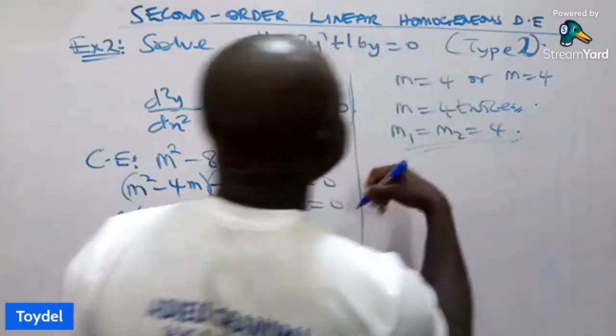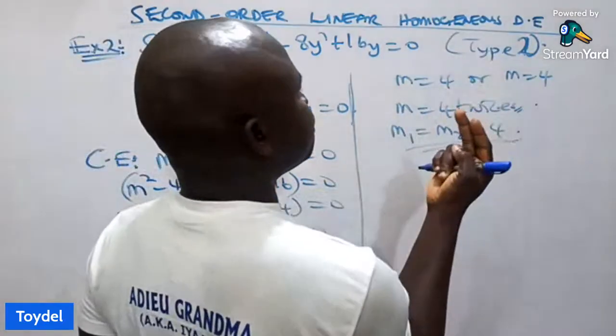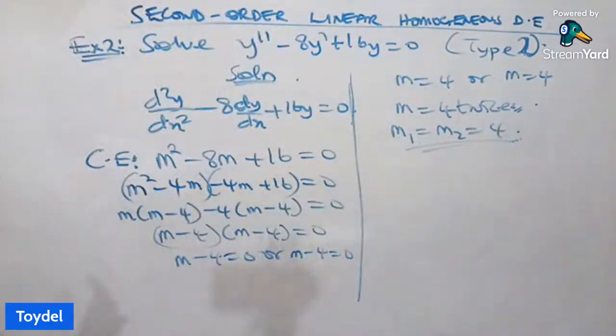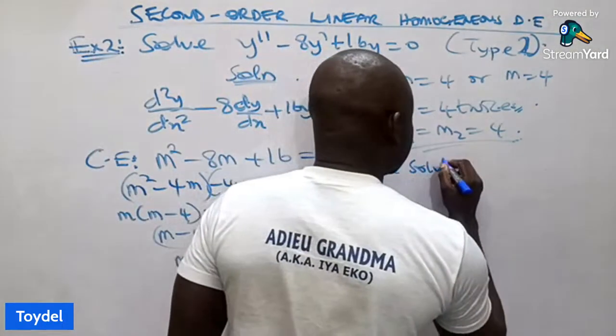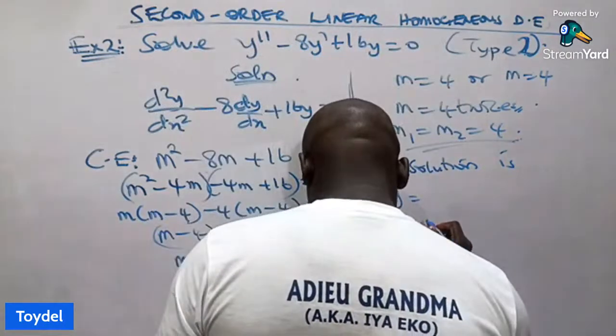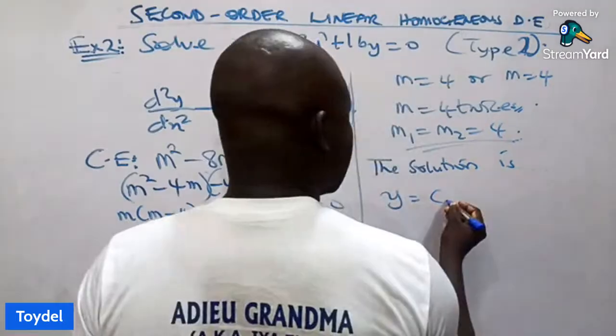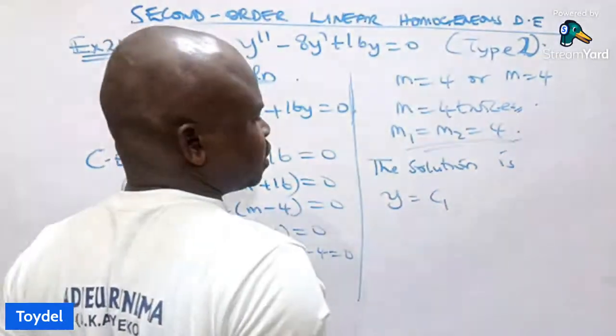So how do we write the solution under type 2 when we have m1 and m2, the two roots, to be equal? If we have the two roots to be equal, then the solution is y is equal to c1, where c1 is just an arbitrary constant, and c2. You can use maybe a. Okay, let me use a.